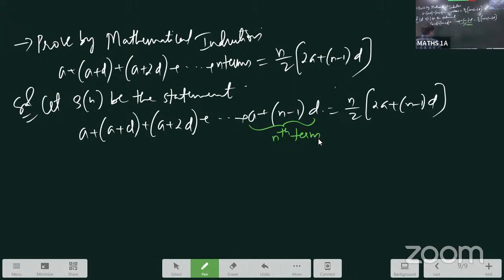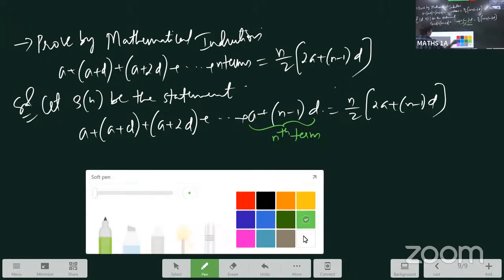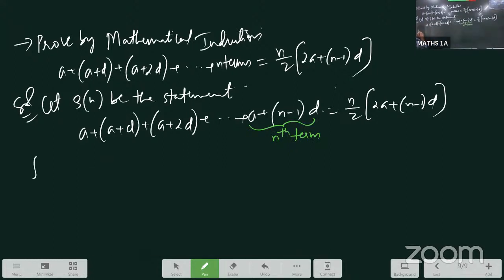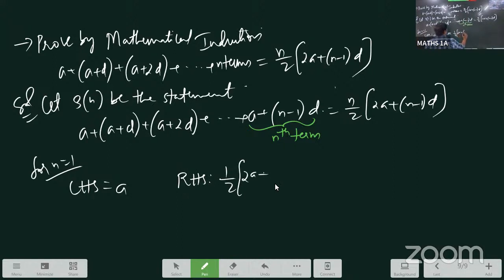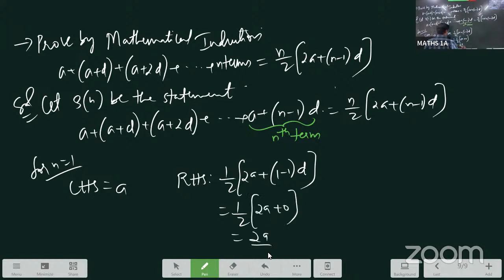Okay. Now for n equal to 1 first. For n equal to 1, your LHS is nothing but a. In your RHS, put n equal to 1. That is 1 by 2 into (2a plus (1 minus 1) into d), which is 1 by 2 into (2a plus 0), that is 2a by 2, which is nothing but a.